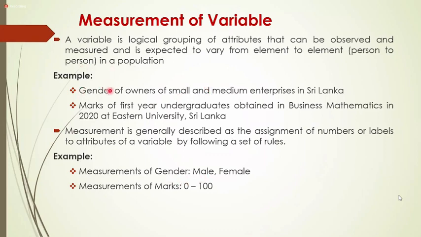So if we are looking at gender, then we assign male or female. Then the marks: historically, we give the marks in percentage, that is 0 to 100. So for each and every student, based on their performance, we assign 0, 10, 50, 75, or 100. So this is the relationship between the measurement and the variable.